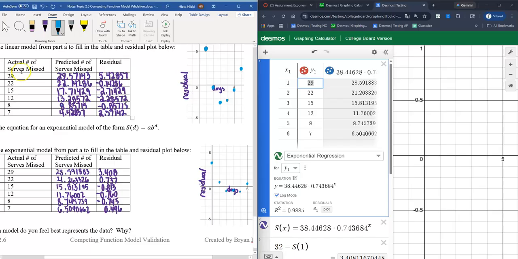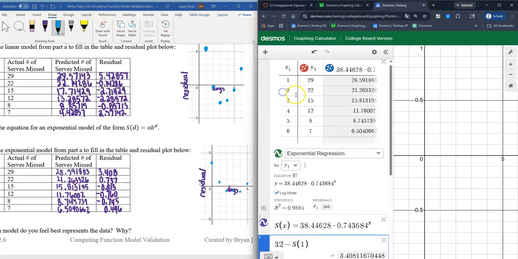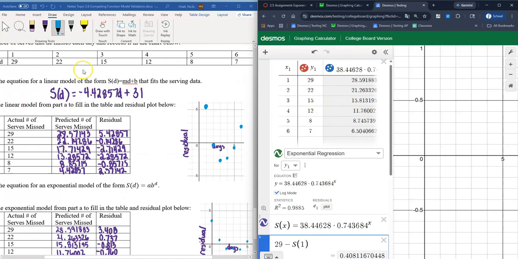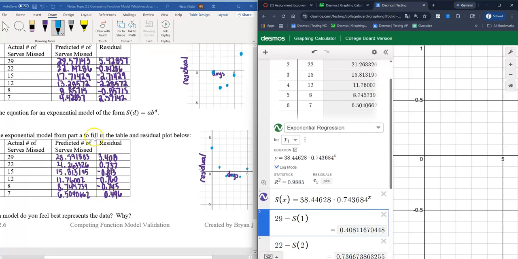So if we do, for the exponential, 29 here, this stuff, the predicted does not change because if you were using the correct data like I did, I used what I meant to be the correct data right here. So the predicted does not change, but the residual changes quite a bit right here. That is going to be 0.408.